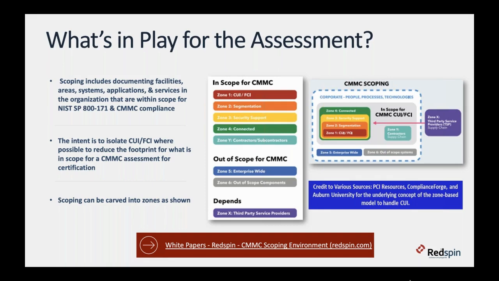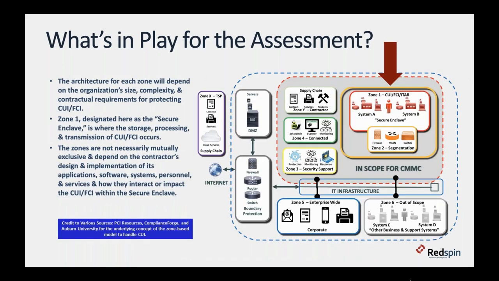So next slide, please. Let's go a little bit deeper into the scoping design for each zone. If you look at all the models that have been independently built out there, they've pretty much done it based on the zone concept.